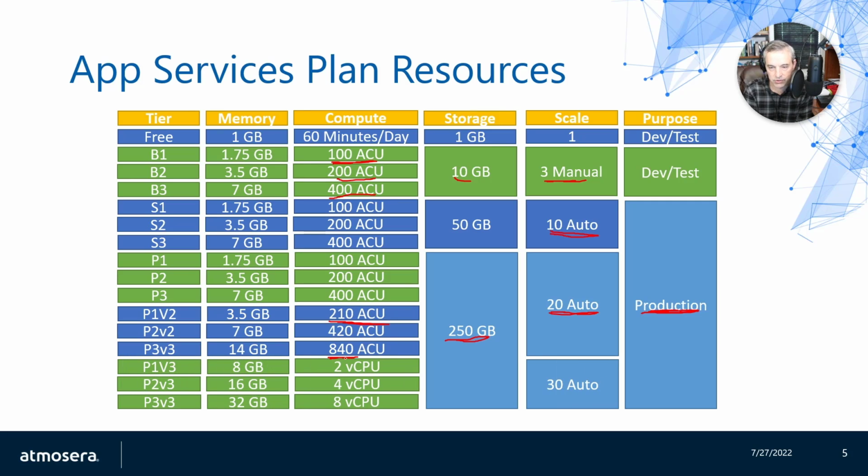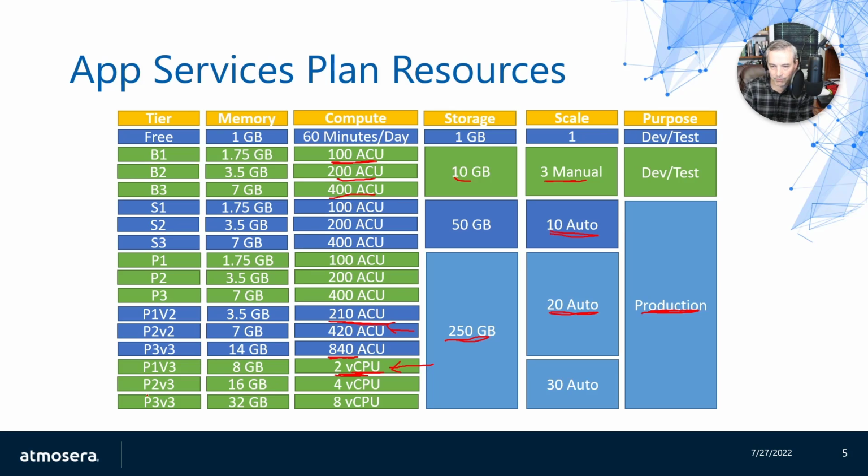And then they recently introduced the PV3, which went to a vCPU model, and the vCPU is roughly about 200 ACUs. I think the exact spec is 195 based on their compute. So a two vCPU core would be very similar in performance to what you would get out of a P2 V2, but a P1 V3 is actually cheaper than a P2 V2, and so you get a better performance tier right here.